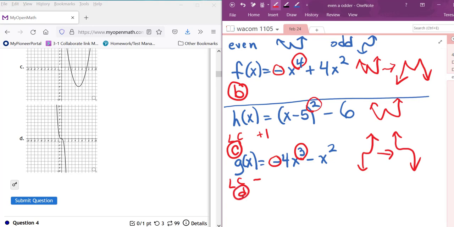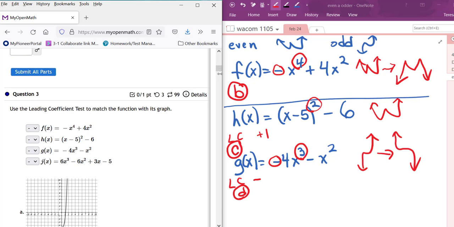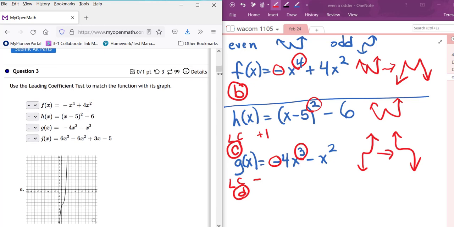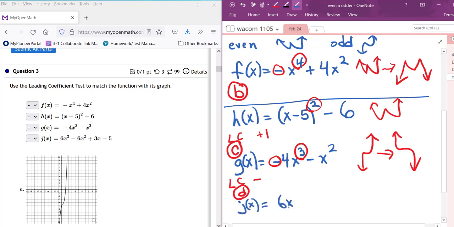Right, and we had one more. Our j of x equals 6x cubed minus 6x squared plus 3x minus 5. And so your degree is 3.